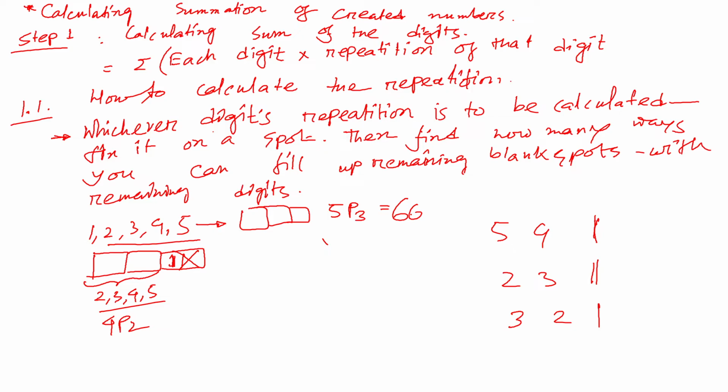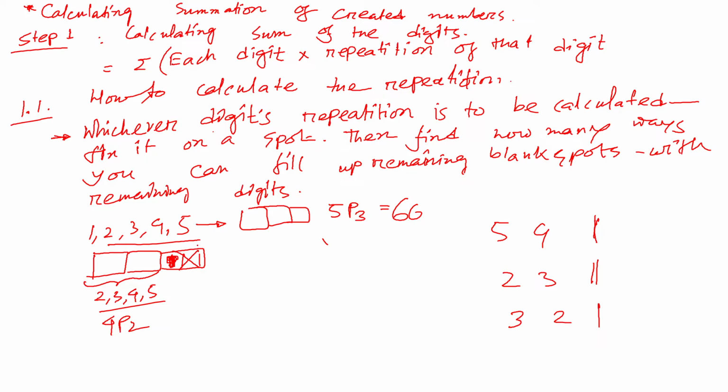Why is there an X next to 1 in the boxes? It was for your understanding. I have occupied this spot by using 1. This is only 1 box, not 2 boxes.